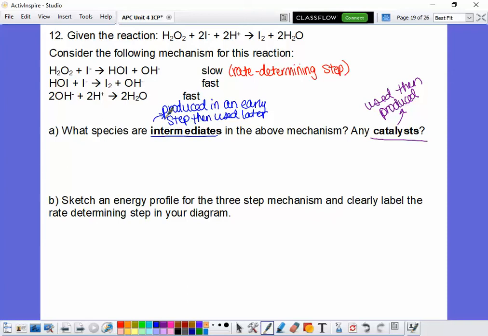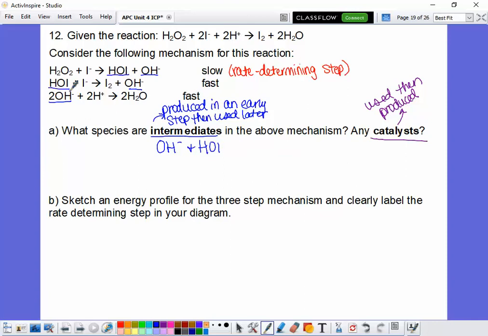Okay? So, do we have any intermediates in this reaction? OH minus, because it's produced in the first two steps and then used in the third step. So OH minus is an intermediate. And HOI, because it's produced in the first one, used in the second one. Okay?